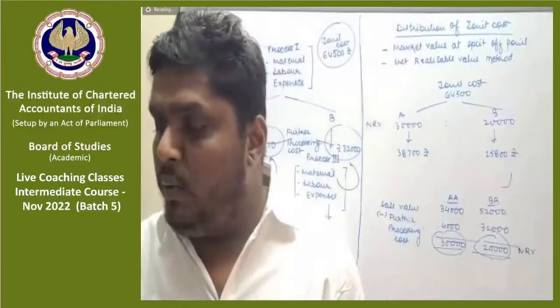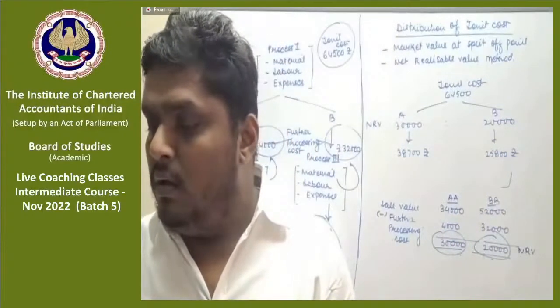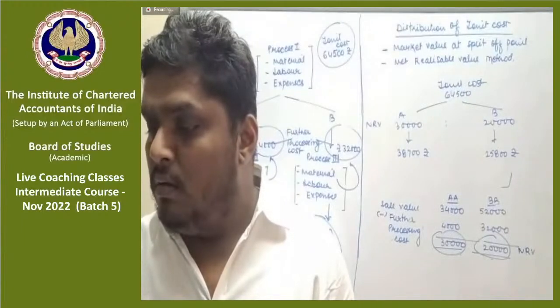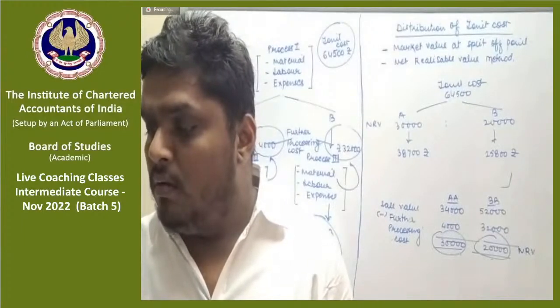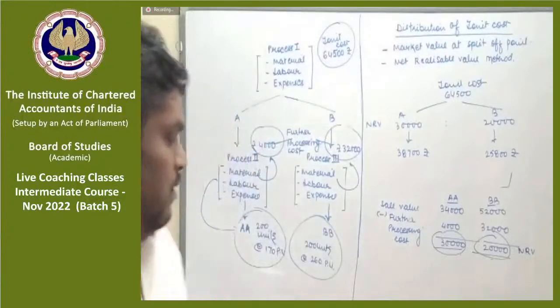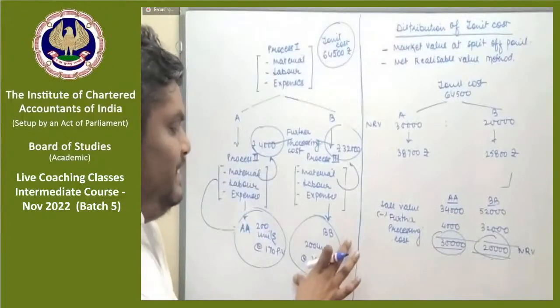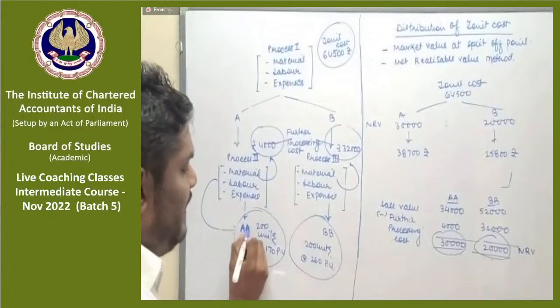Rekha, hopefully your query is resolved. $170 and $260 is the market value of double A and double B.